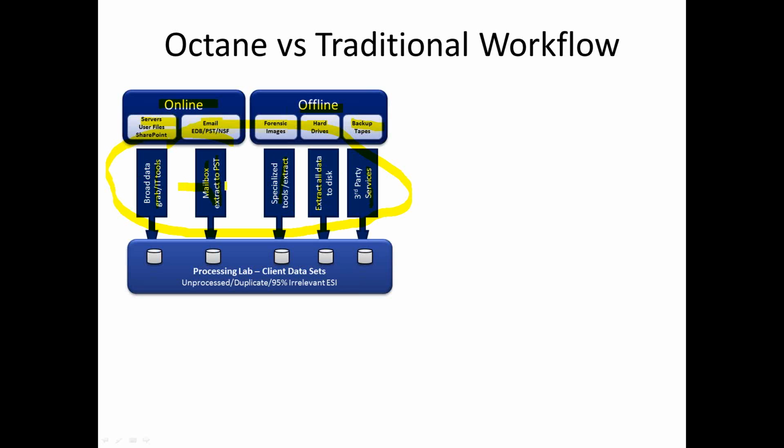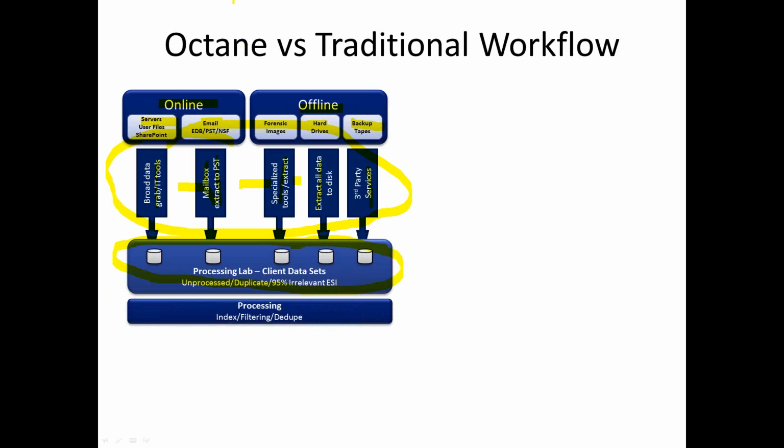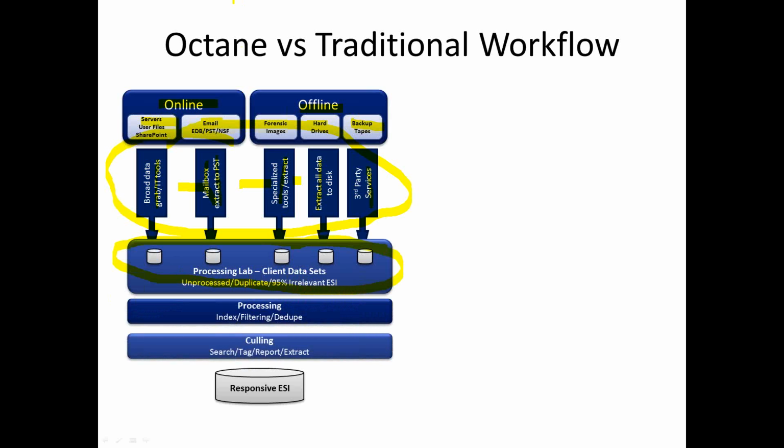So using these different sets of tools here within your lab or using third-party consultants, you end up creating multiple data sets that need to be processed. It's unprocessed, duplicate, highly irrelevant content that needs to be indexed, filtered, deduped, culled, and then taken down to your responsive data set.